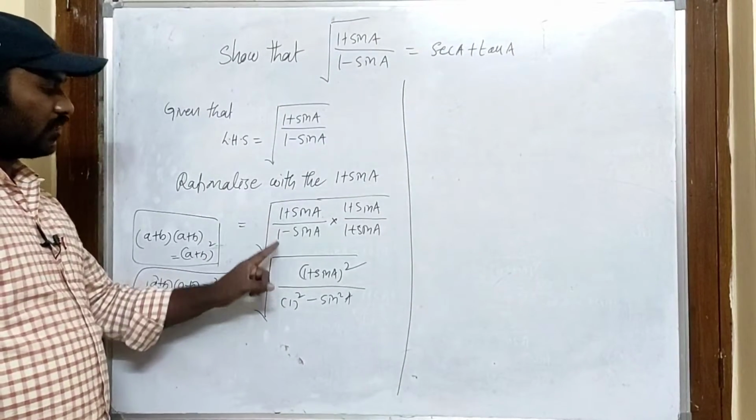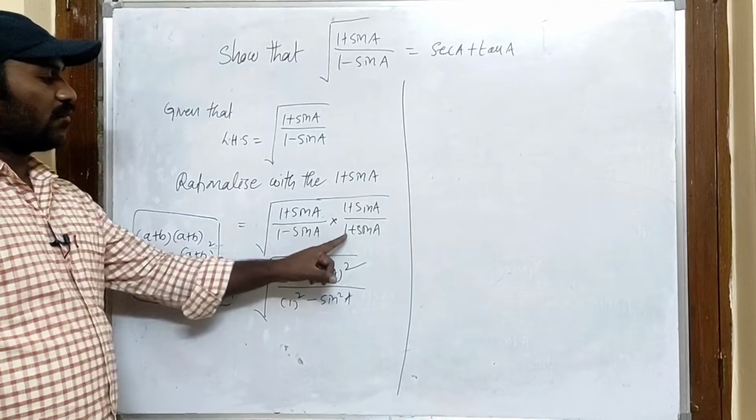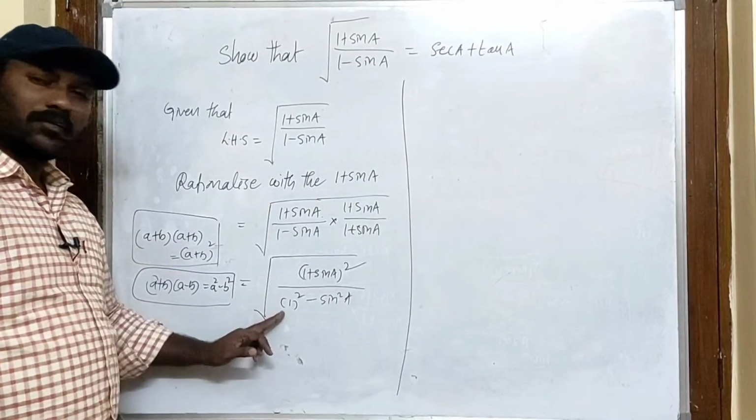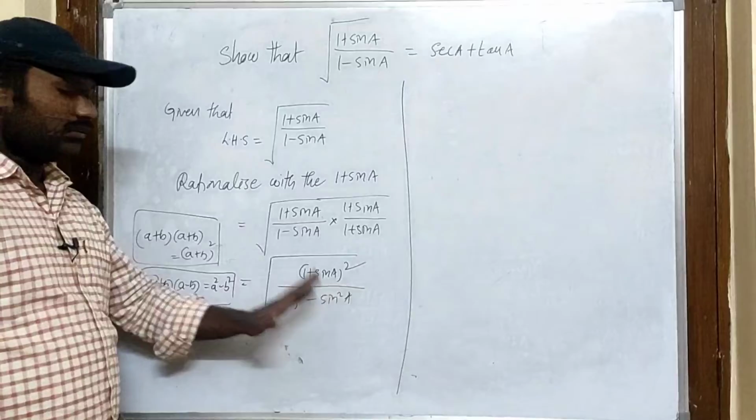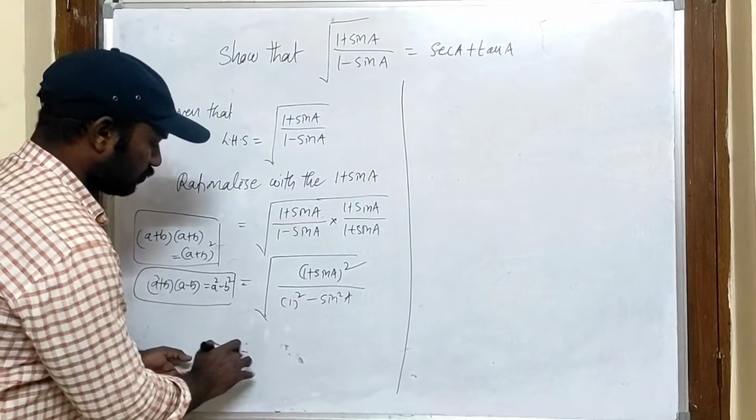That's why we write 1 minus sin A into 1 plus sin A as 1 square minus sin square A.